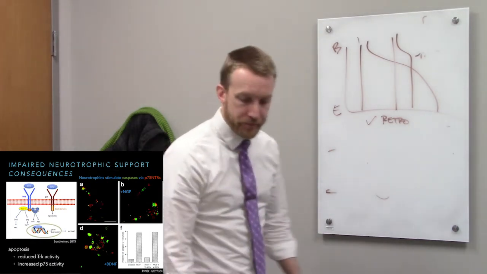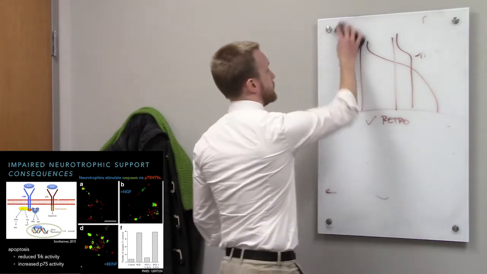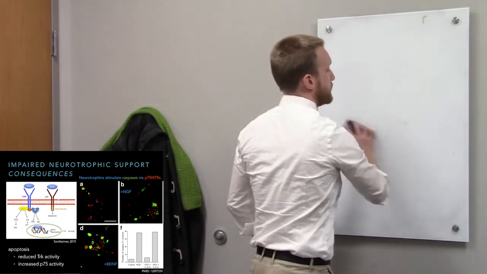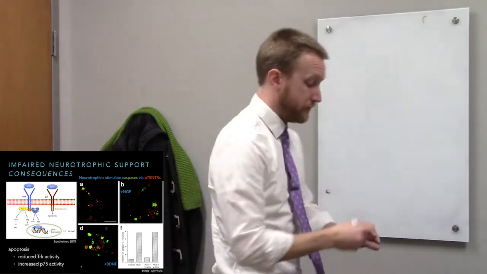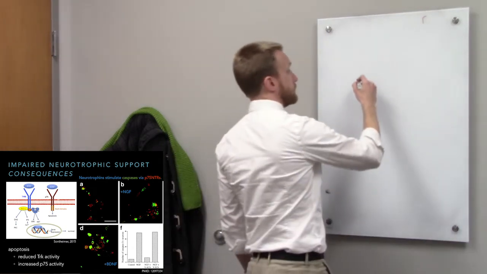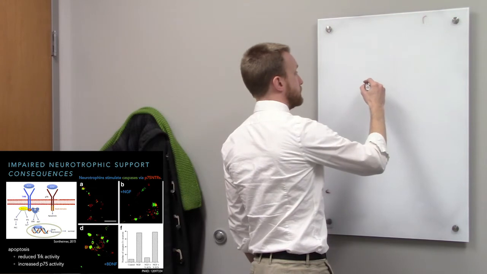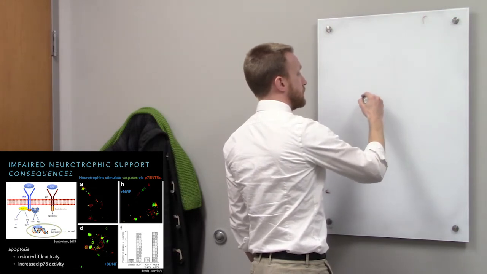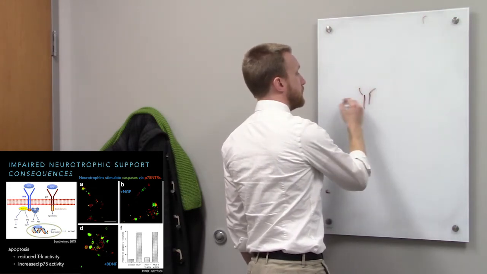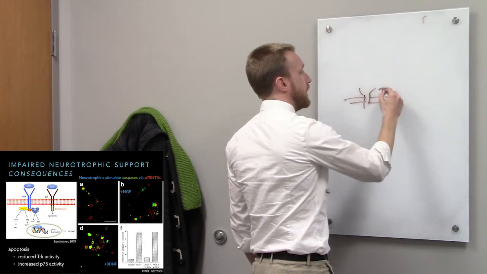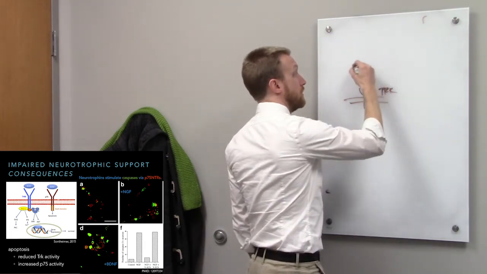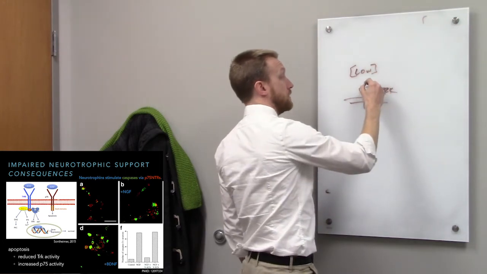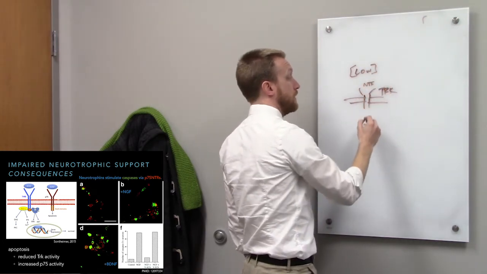Now, I hope you remember the concentration difference between activating TRK or P75. Let's see. So the TRK receptors, these are stimulated by low concentrations of our neurotrophic factor.